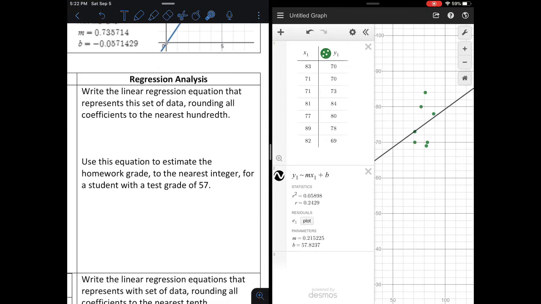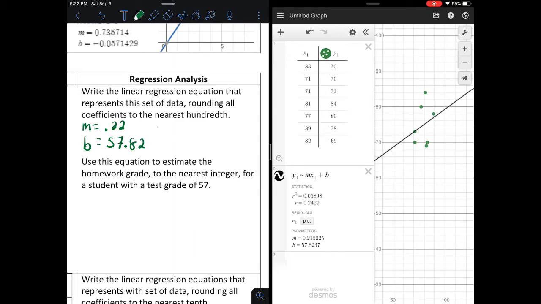It wants us to round all those coefficients to the nearest hundredth. My coefficients are the m and the b. So m in this case is going to be equal to 0.22, and b, to the nearest hundredth decimal place, would be 57.82.